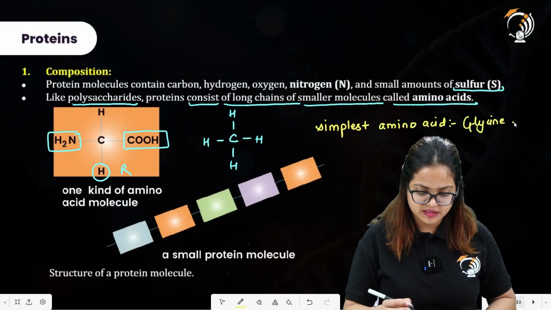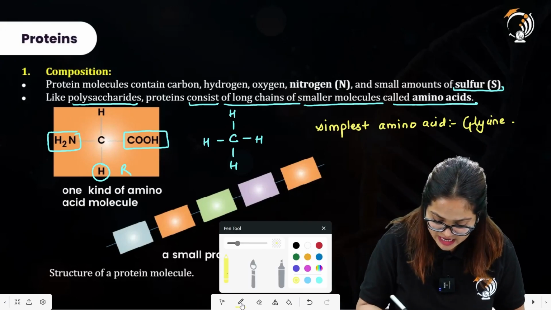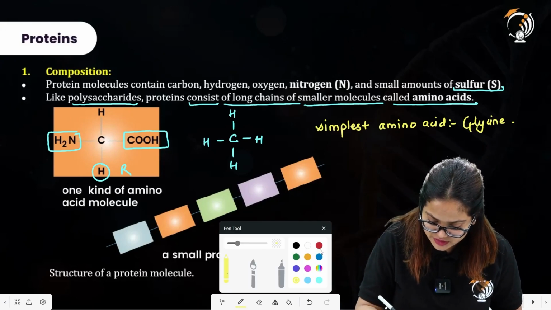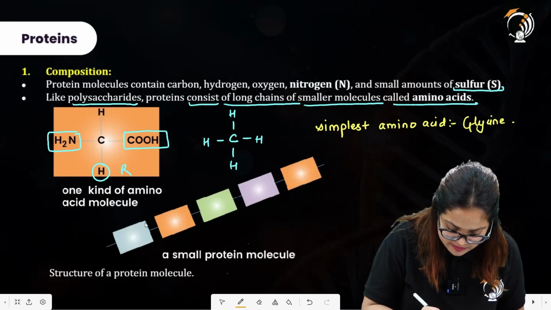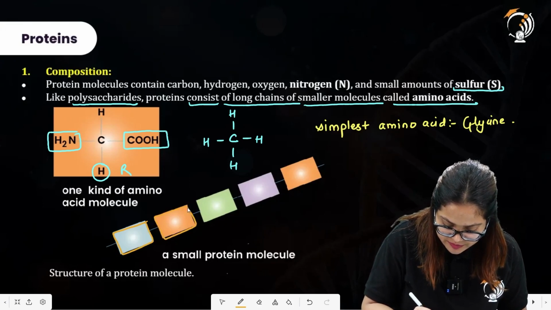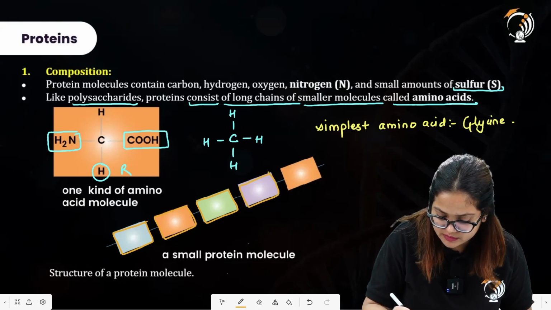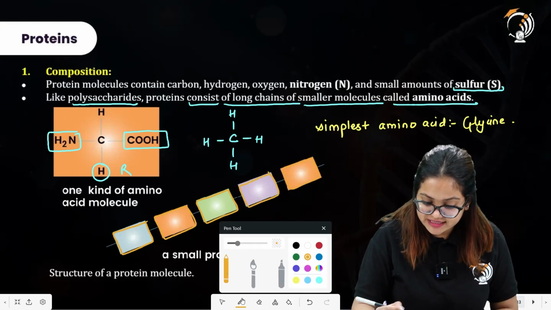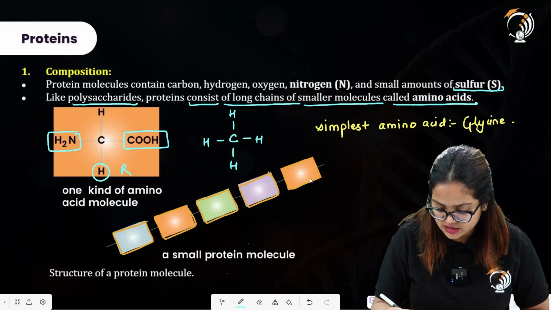All right. These are the representation of protein molecules over here. We have the monomers. So you can simply tell that this is a monomer over here. This is a monomer over here. Another molecule, another molecule, another molecule. What are these? All of these are representing amino acids.